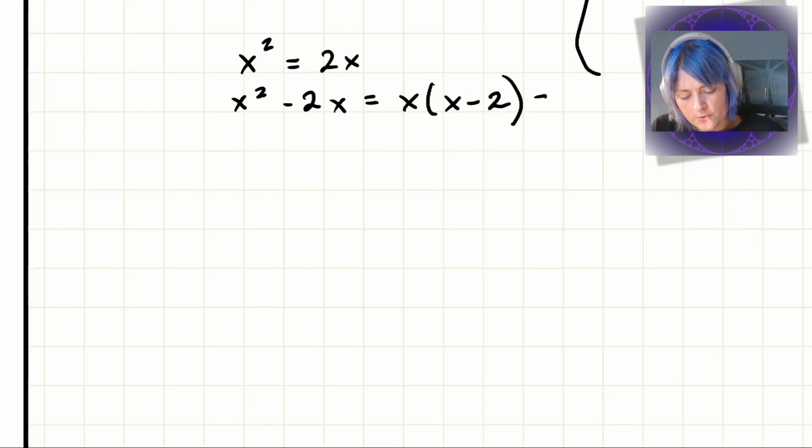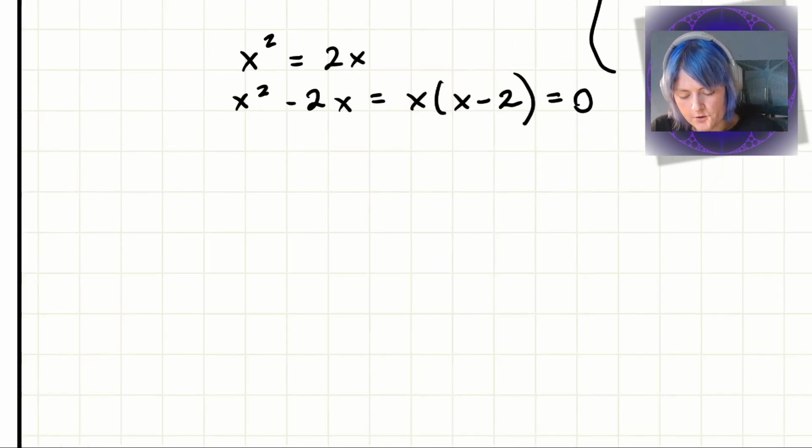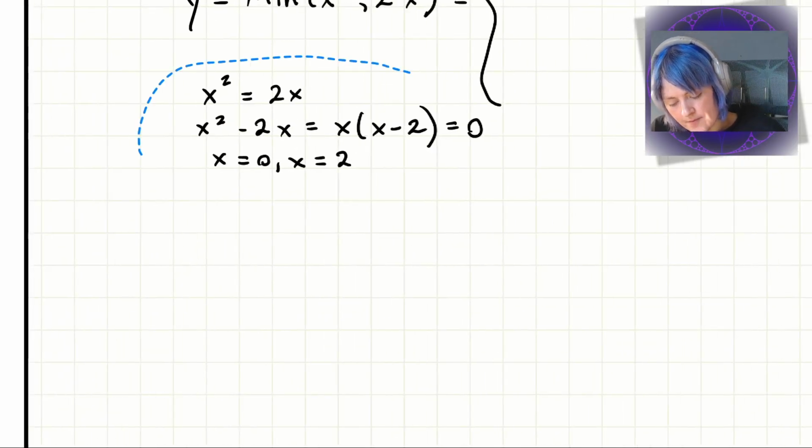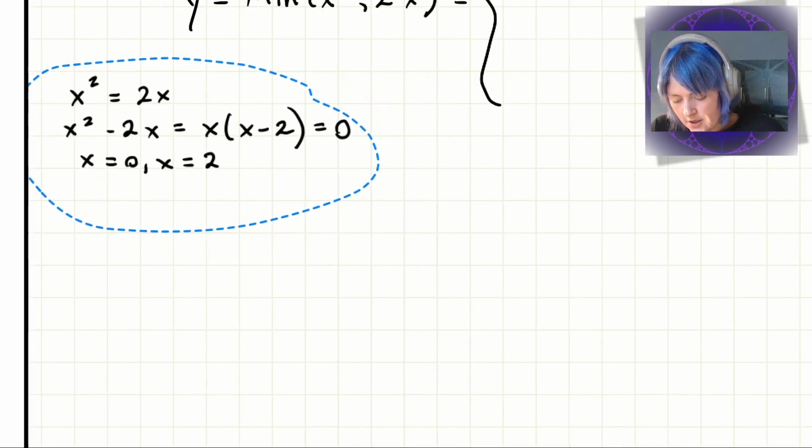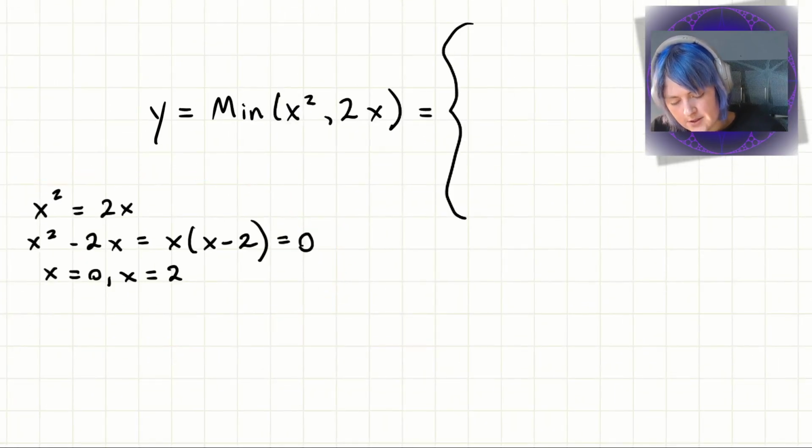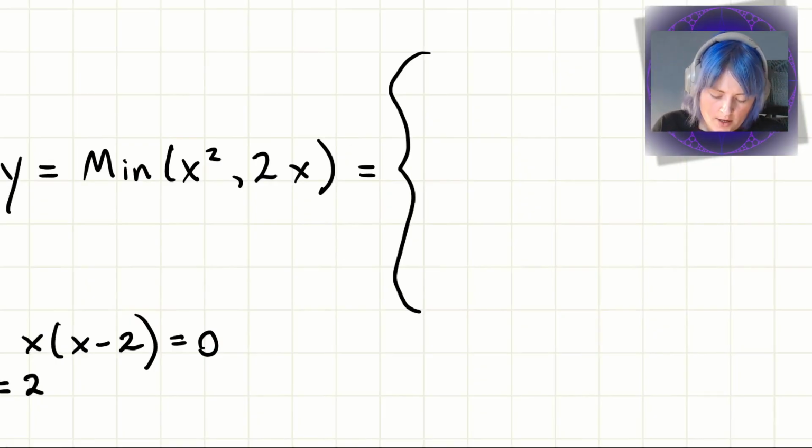Then you just find the roots of this polynomial. When x is equal to 0 and when x is equal to 2, you're going to have an intersection. The intersection points are what we are looking at, because that's when our function could change behavior. So we need to investigate.